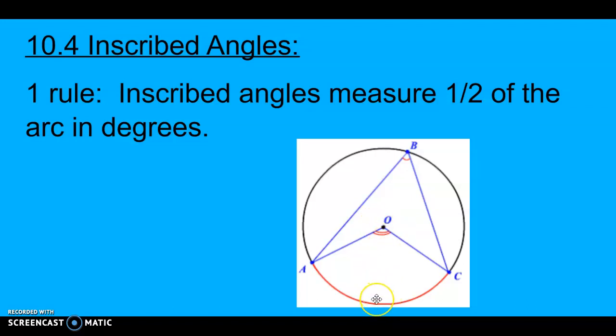So if we pick a number, say 100 degrees, if arc AC was 100 degrees of the circle, this would be a 100-degree angle. Well, an inscribed angle is always half the arc it cuts. So if this is a 100-degree arc, angle B is 50 degrees. Very simple calculation. So let's look at a couple of examples of how you're going to see inscribed angles applied.